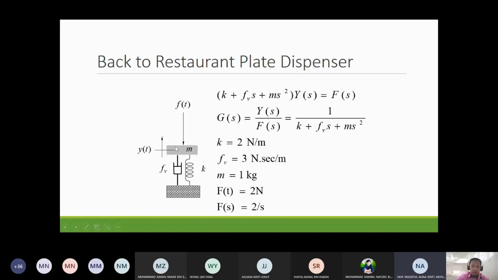In the figure, there are three forces that try to resist the motion by the input force F. We have Fv, the damper, we have the spring, and also the mass M. So we can write the equation of motion: K times Y, plus Fv times Y s, or Fv times velocity, plus M times acceleration, Y double dot.